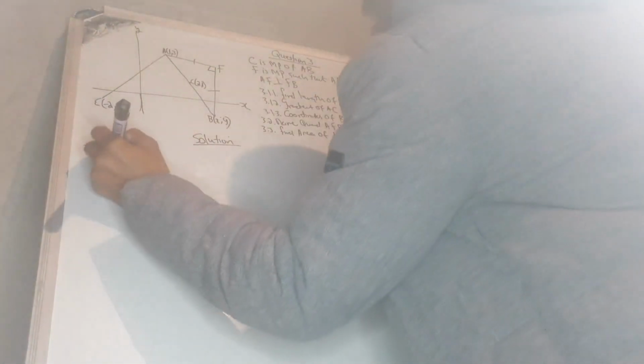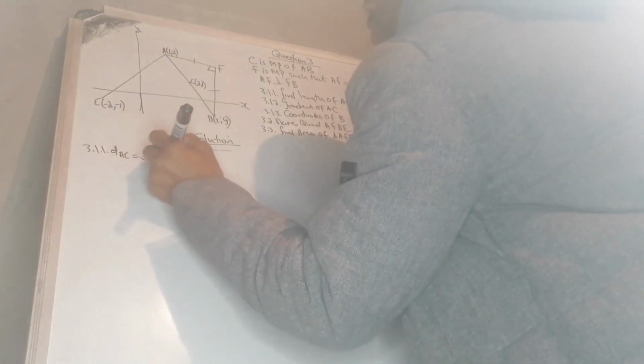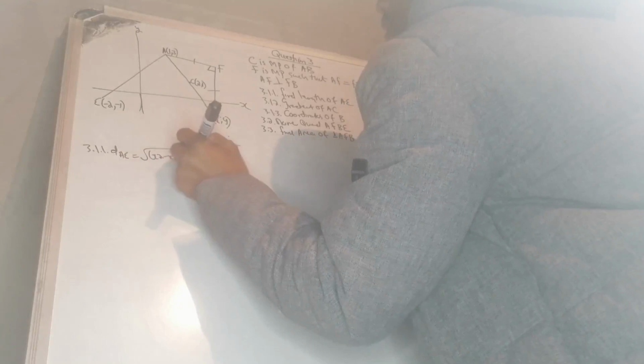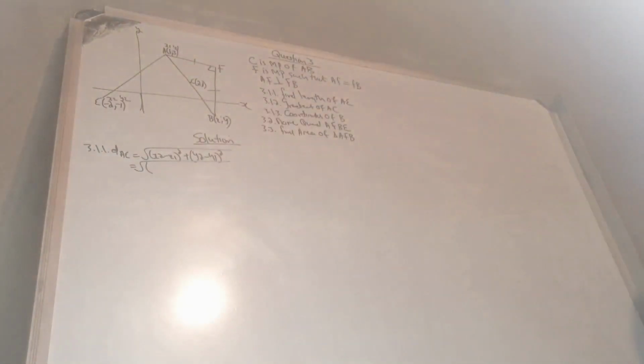Find the length of AE. The distance of AE, square root of x2 minus x1 squared plus y2 minus y1 squared. Let's say x1, y1, x2, y2.